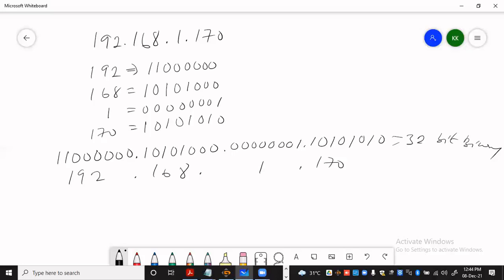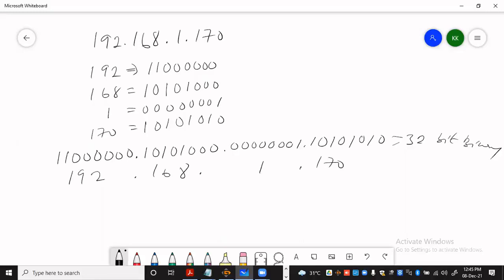IP addresses have also been grouped into different classes. We actually have 5 main classes, grouped into alphabets: class A, class B, class C, class D, and class E. The classes of addresses and their subnet mask determine which part of the address is the network part.